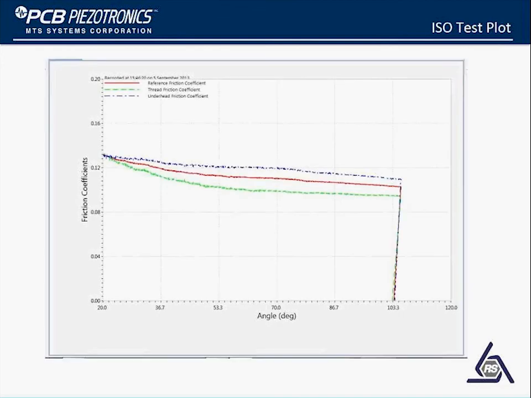Now an ISO test plot might look something like this, where we're going to graph our frictional values for our coefficients. So we can see our red line is our total friction, the blue line is the underhead friction coefficient, and the green line is the thread friction coefficient. We should be able to do this as part of the ISO standard based on our measurements.